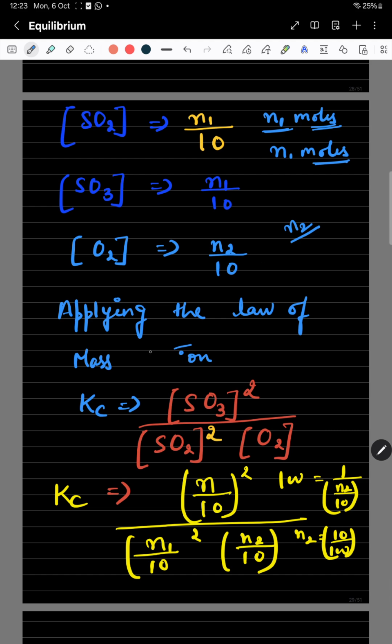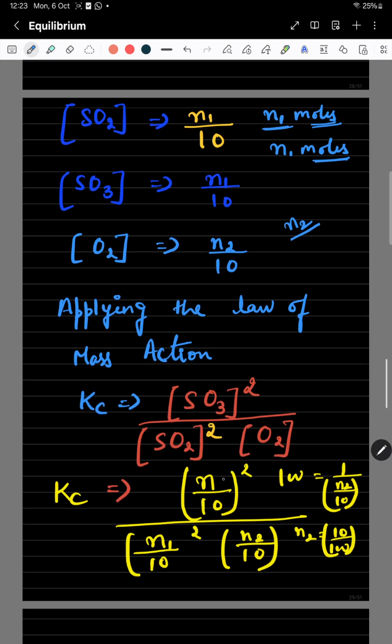Now you are applying the law of mass action. Kc equals SO3 square upon SO2 square O2. Now SO3 is N1 by 10 whole square, here you have N1 by 10 whole square, and here you have N2 by 10.